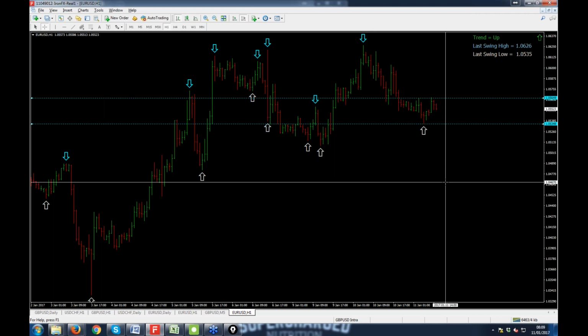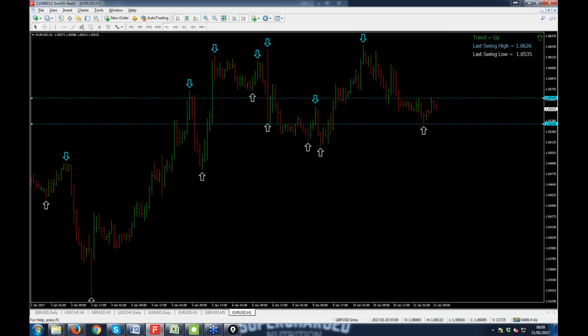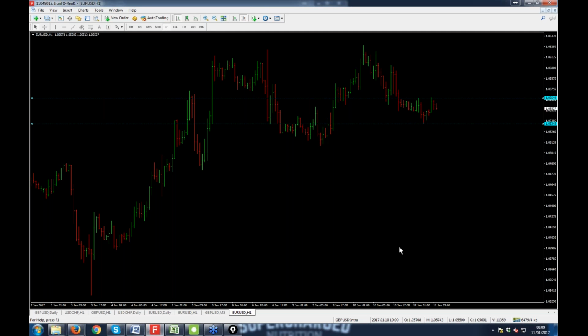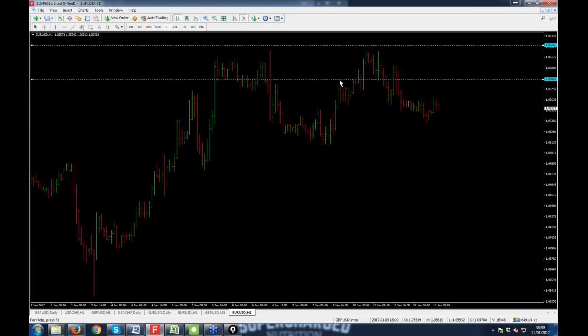When I've seen other traders and asked them how they map out the swing highs and lows, more than likely it's a guess. They're normally guessing where the levels are. If we remove this indicator from the chart, you can see that it becomes much harder to guess where the highs and lows are. Okay, we have quite an obvious high here, but then the next question is, would we count this as a high?